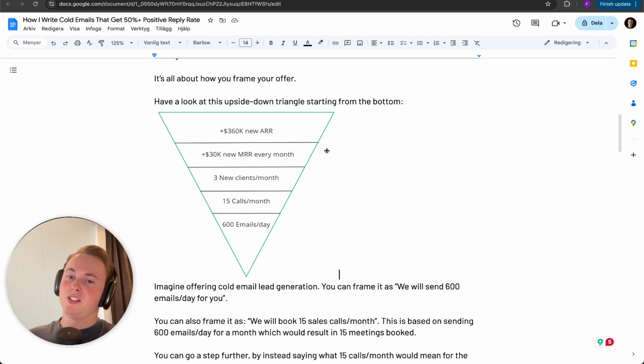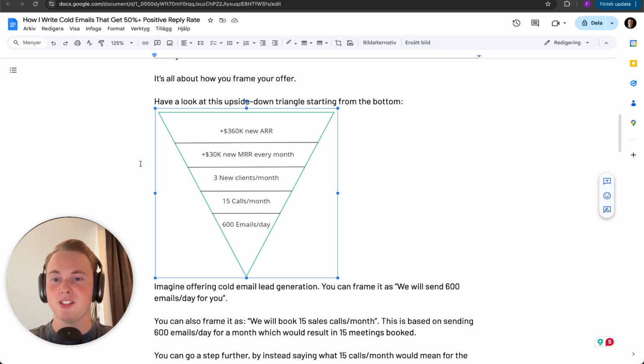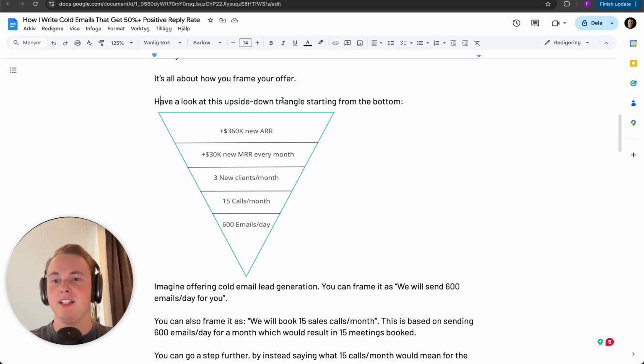And you can also say, if you add 30k new MRR every single month, you can calculate what that would be in a year. So that would be 360k new ARR. But again, you don't want to reach out and say, "Yo Don, we'll generate you 360k new ARR." You actually have to have a clear explanation to it.